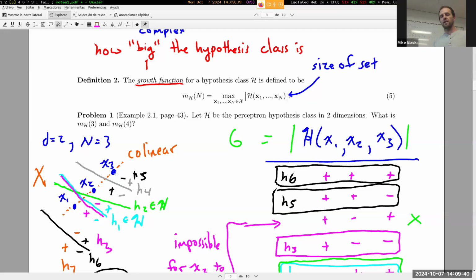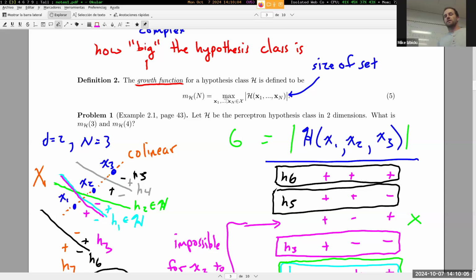If there is some data set that can cause this growth function to be large, then that's the data set that we're going to be considering with this max. So it's because we have this max over all the possible data sets that the growth function, shattering and breakpoints are properties of the hypothesis class and not of the data set.